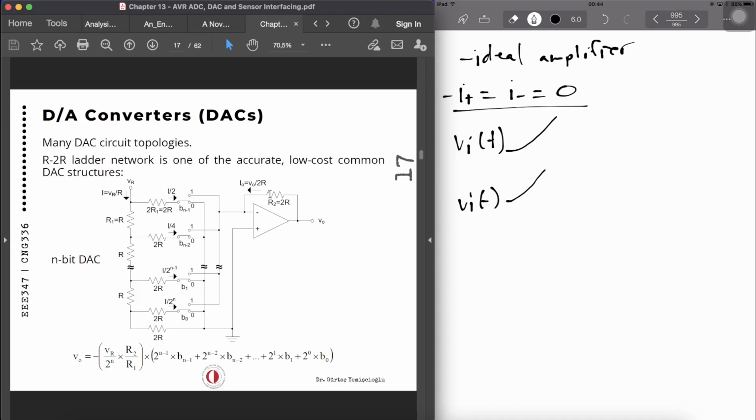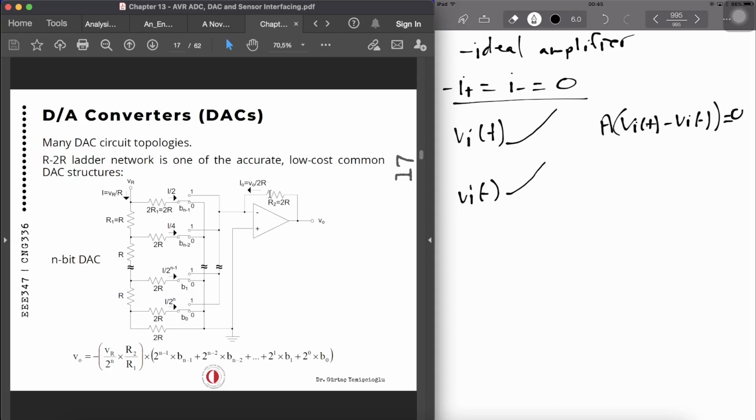We are delivering current to keep increasing that until the two voltages are equal, and then Vi plus minus Vi minus is going to be 0. So it will increase until it is 0, and then it will stop increasing the voltage.